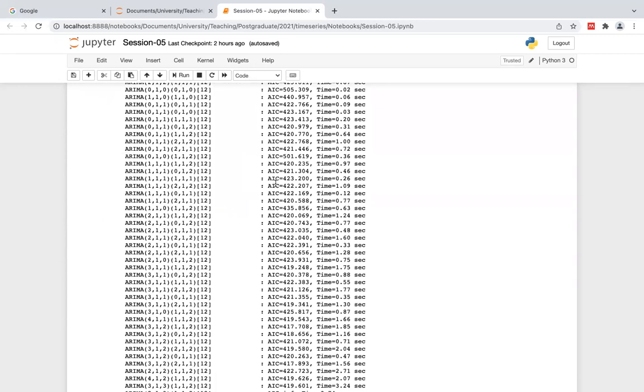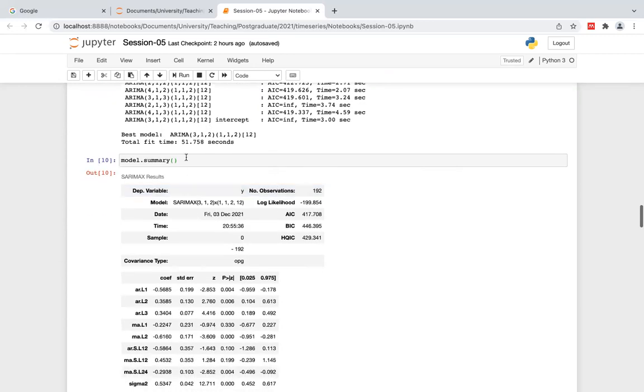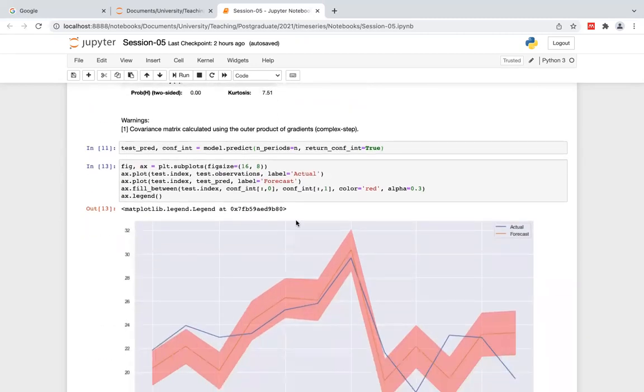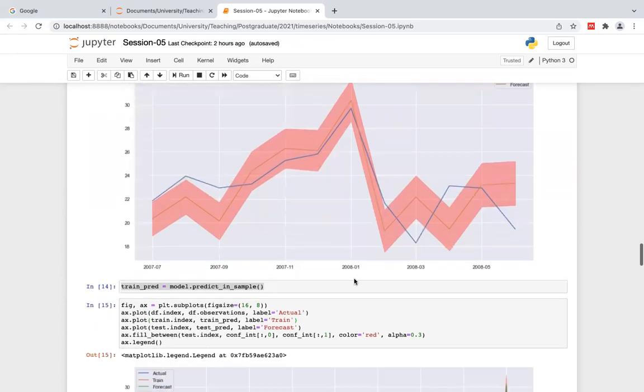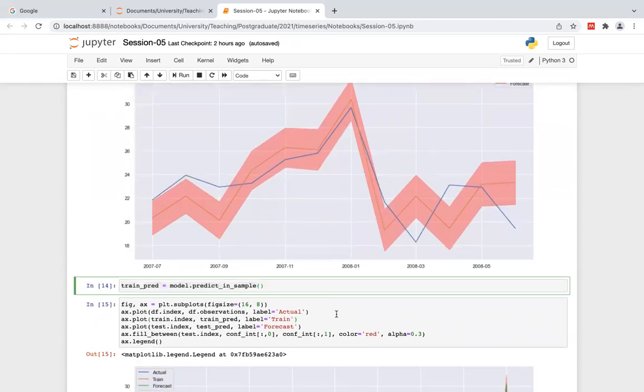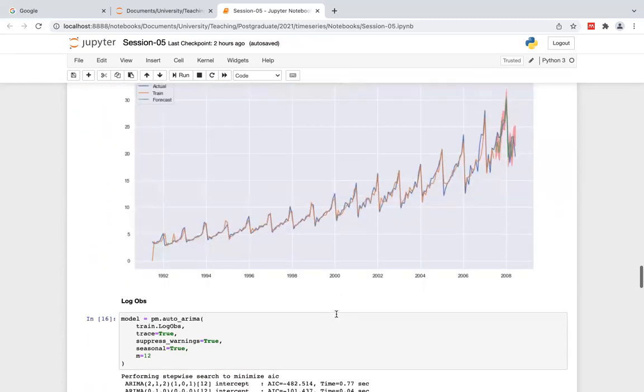How we interpret these AIC values and identify the best fit parameters, then how we plot them and, based on that, identify the best fit model. So that's all for this lecture with the auto ARIMA model, right?